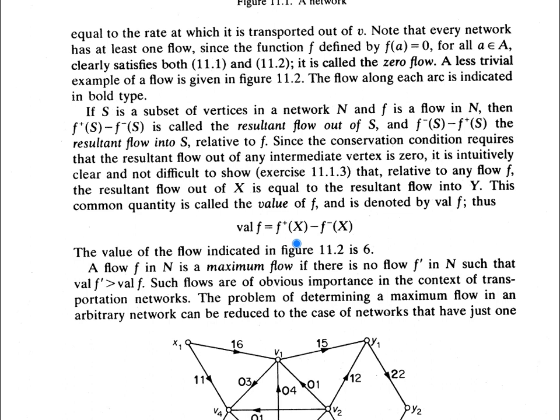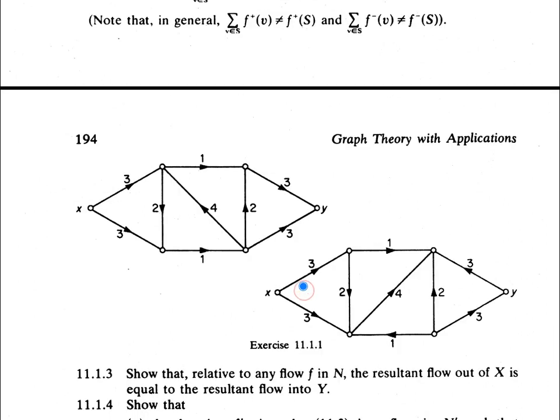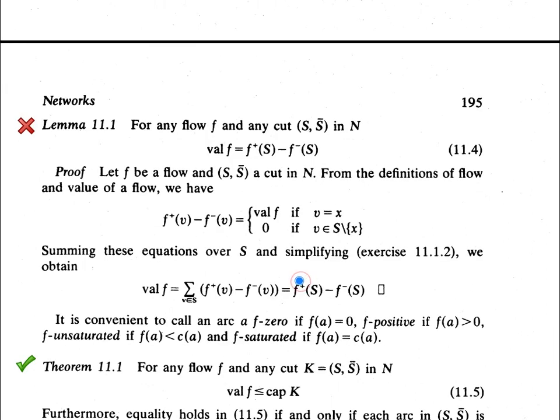It can be proved that it is equal to what enters the unique sink. But the value of f is that. And what about the value of f with respect to the capacity of a cut? You have that necessarily the value of f is less than or equal to the capacity of each single cut.